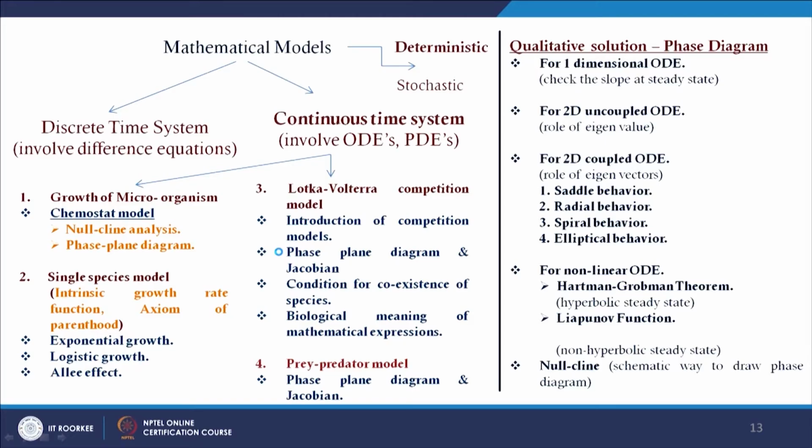And in the coupled form, we analyzed the nature of eigenvectors, how they behave inside the system, and based on that we try to analyze the stability or instability nature of the system. Then in the 2D coupled system, we defined these eigenvalues to find the saddle behavior, radial behavior, spiral behavior and elliptical behavior of the system.